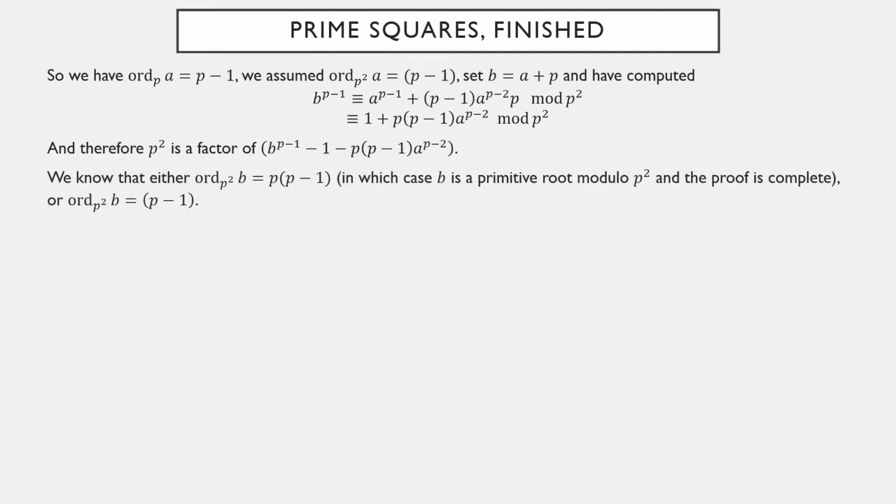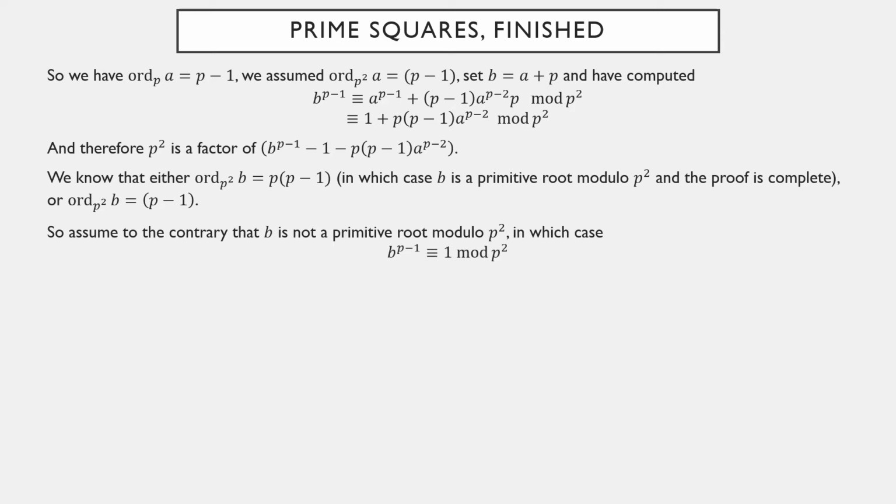All right, so now we know the order mod p squared of b was p times p minus 1, in which case it's a primitive root and we're done, or the order mod p squared of b is also p minus 1. So assume to the contrary that b isn't a primitive root mod p squared, in which case b to the p minus 1 is going to be equivalent to 1 mod p squared.